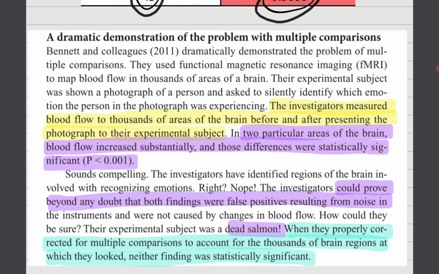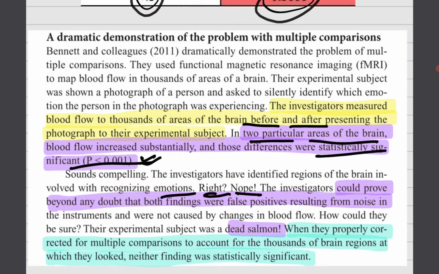The investigators measured blood flow to thousands of areas of the brain before and after presenting the photograph to the experimental subject. In two particular areas of the brain, blood flow increased, and those p-values were highly statistically significant. So this sounds compelling, right? The investigators have identified regions of the brain involved with recognizing emotions, right?